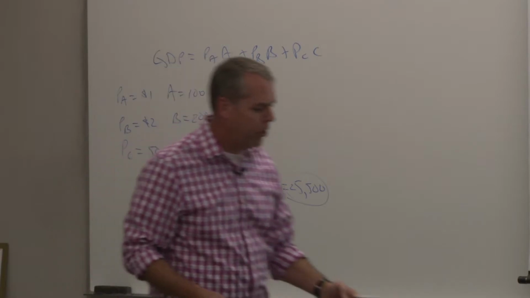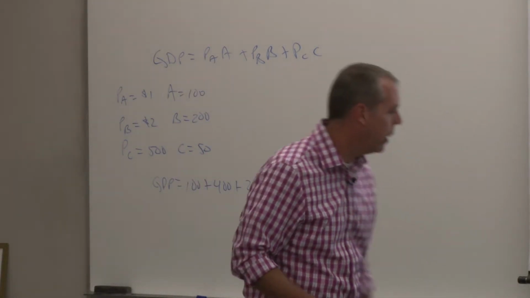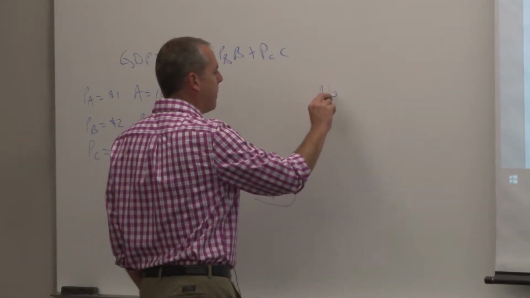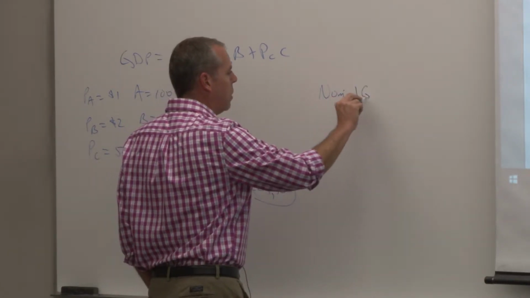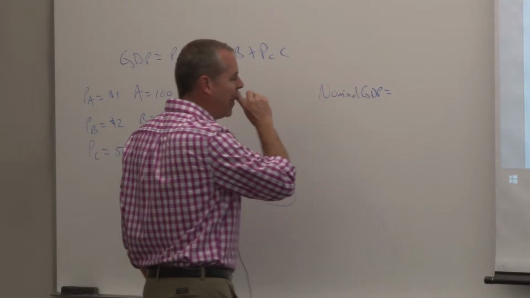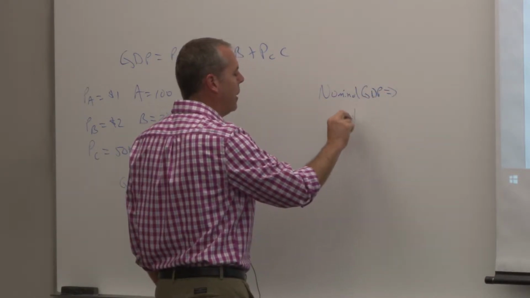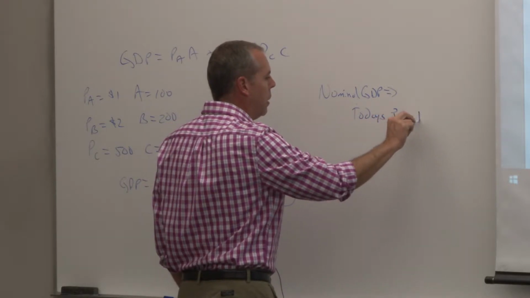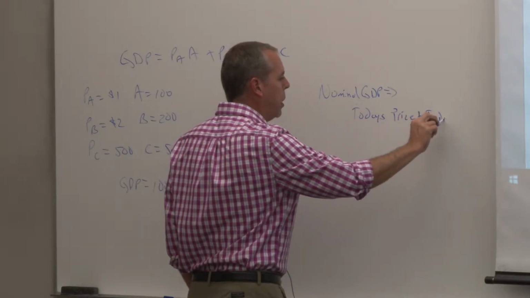And like I said, we can see this changing in both a nominal sense and a real sense. When we're looking at nominal GDP, this is essentially all today's prices and today's output.